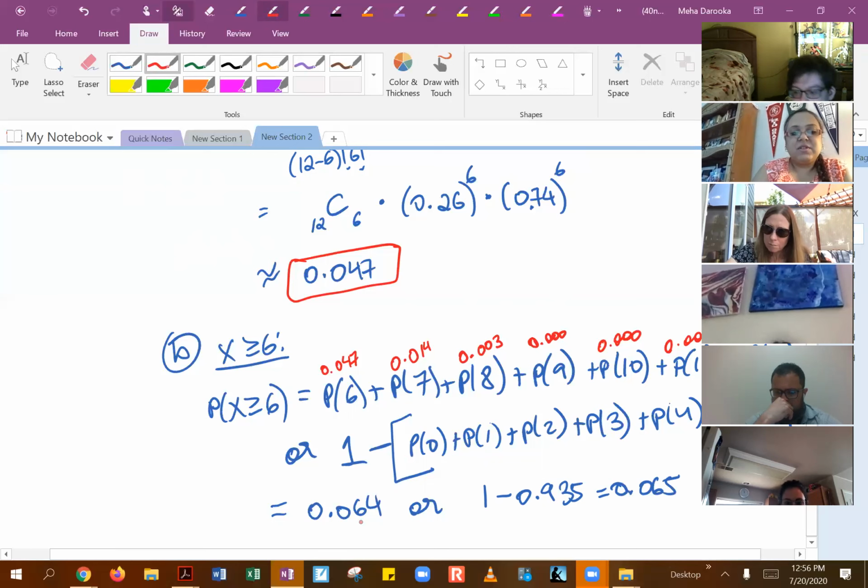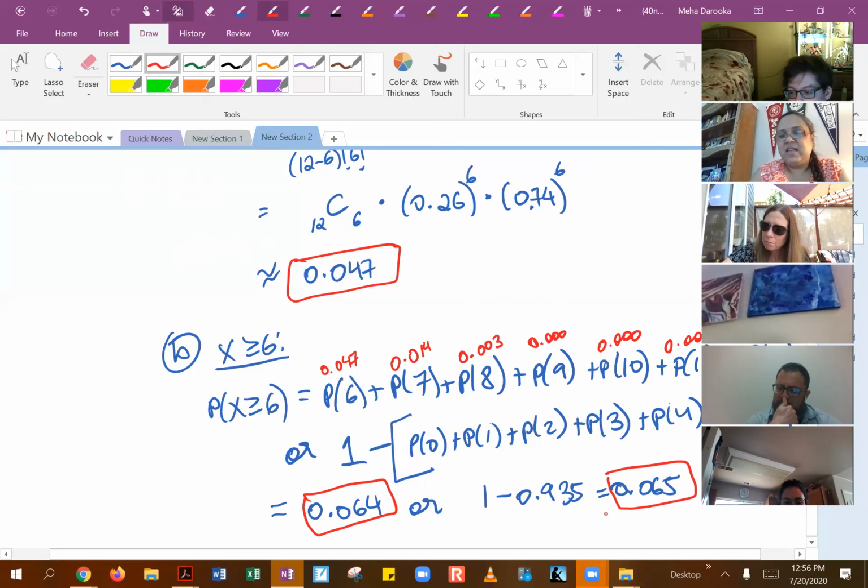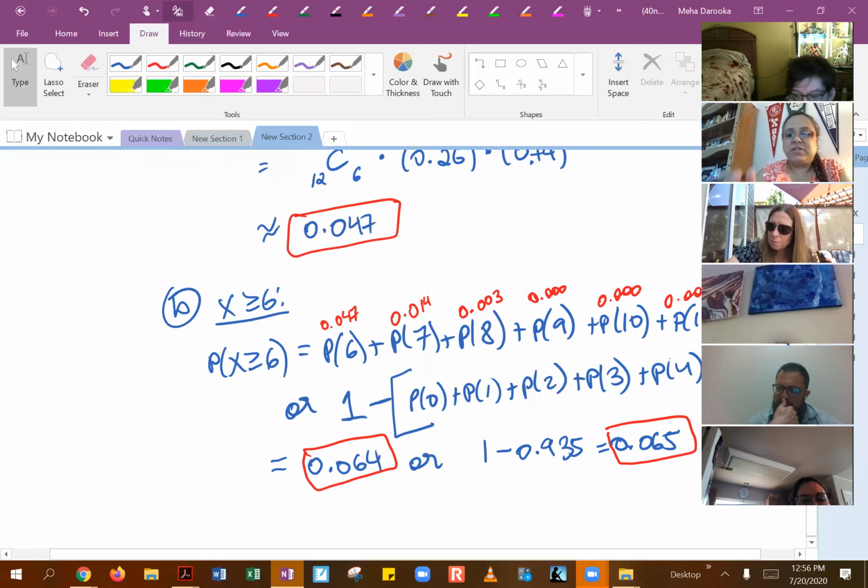So there is going to be a little bit of an answer difference. And you can see it's really 6.4 or 6.5%. So there's a slight chance difference depending on which way you go and how you do your calculation. But, you know, that's just how this is going to work out to be, unfortunately. So it does come out to be slightly different depending on which process you use.